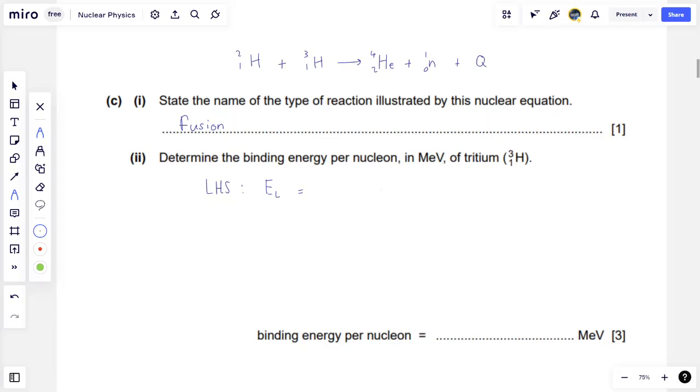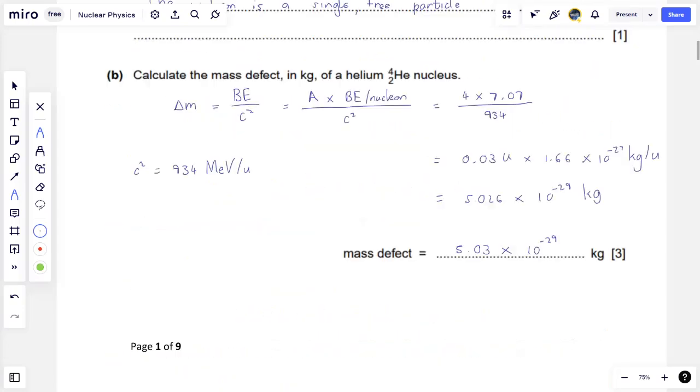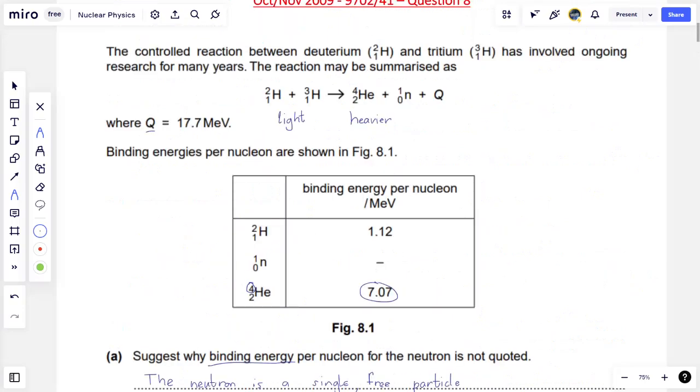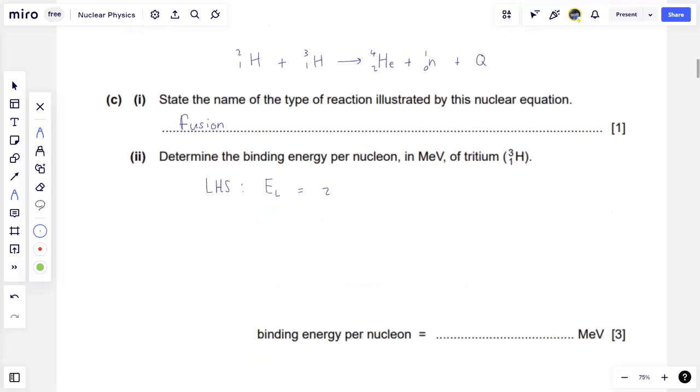So on the left-hand side of this equation, the energy is the total binding energy for deuterium. I'm only given the binding energy per nucleon, 1.12 mega electron volts. But I'm looking for the total energy. Okay, I know the question is asking for energy per nucleon, but we'll do that later on. Let's first conserve energy.